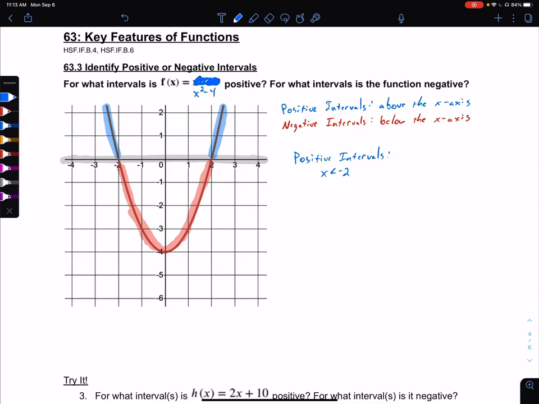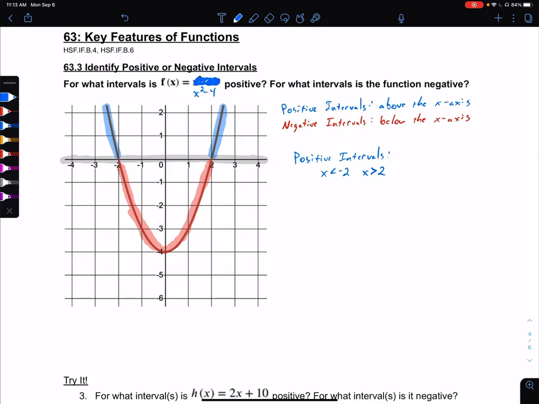So x is less than negative 2, and then over here, it's when x is greater than positive 2. Now that's not interval notation, that's just notes that we're taking for ourselves.